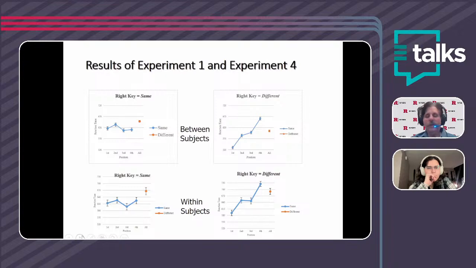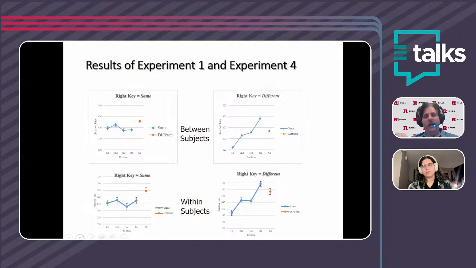Now, when I did this experiment, I got a very surprising result, which is that the results were completely different in terms of response time, depending on whether the right key was assigned the same response or the different response. If you look on the right-hand side, when the right key was assigned the different response, it was clear that what was happening was that the test consonant was being compared to the study sequence from left to right.